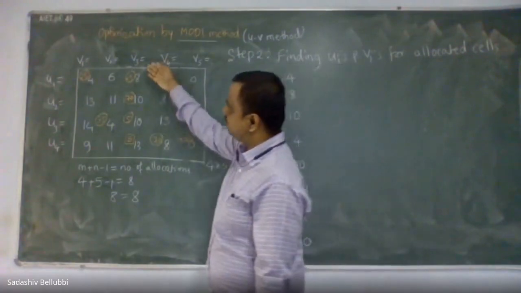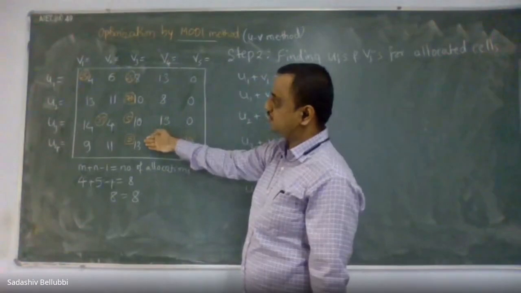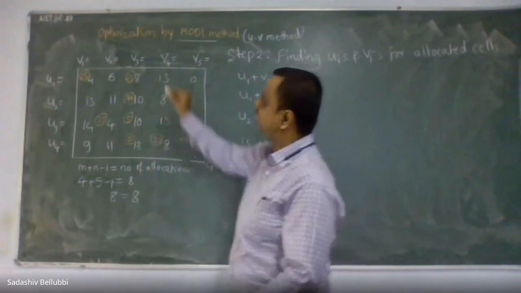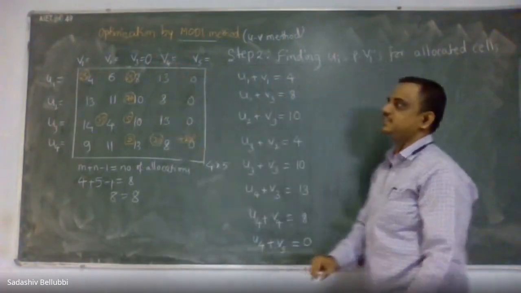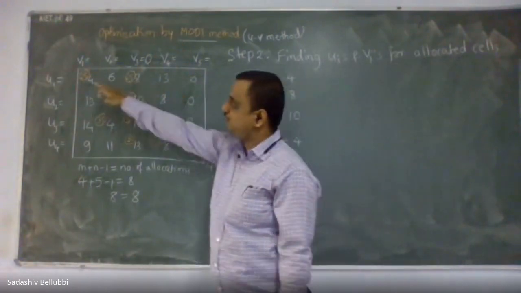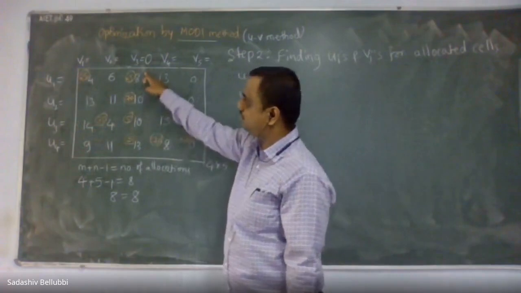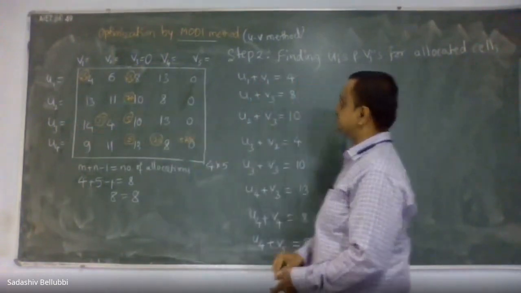In this, we can observe that the v3 column has the most allocations. So we consider v3 as 0, because once v3 is 0, we can get the values of u1, u2, u3, u4 directly, since there are 4 allocations.